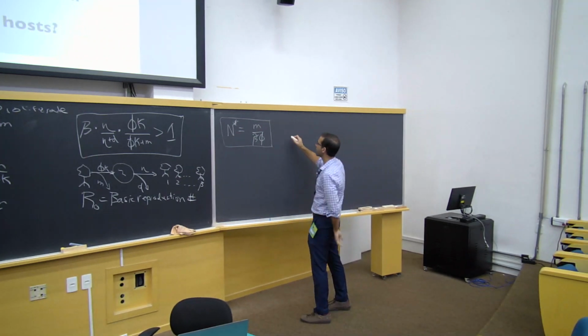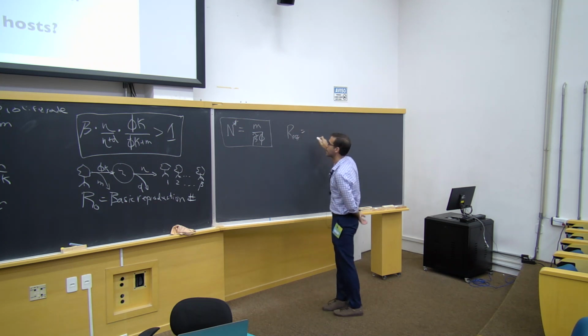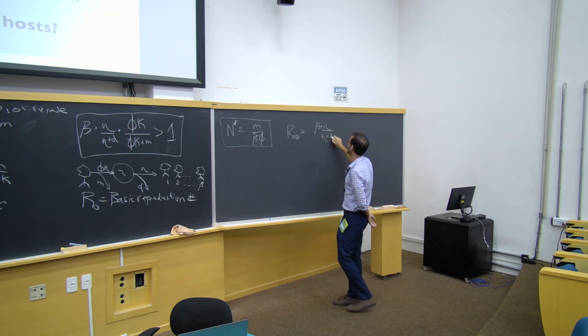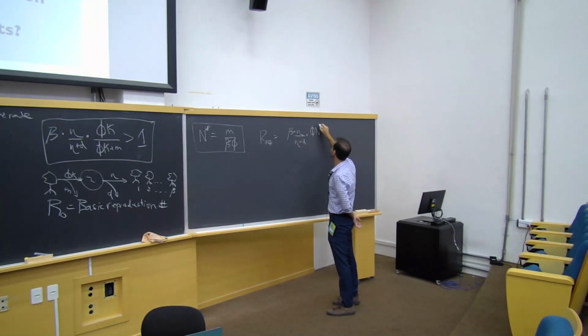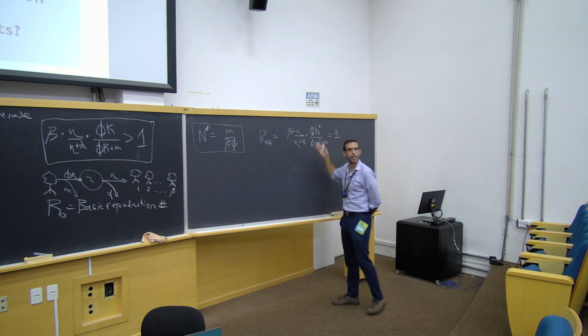So if I have some effective reproduction number, which is now equal to beta times eta over eta plus d times phi n star over phi n star plus m, I claim that at equilibrium this should equal 1.